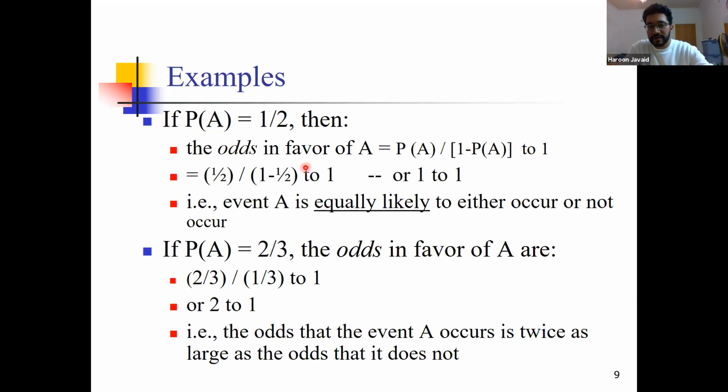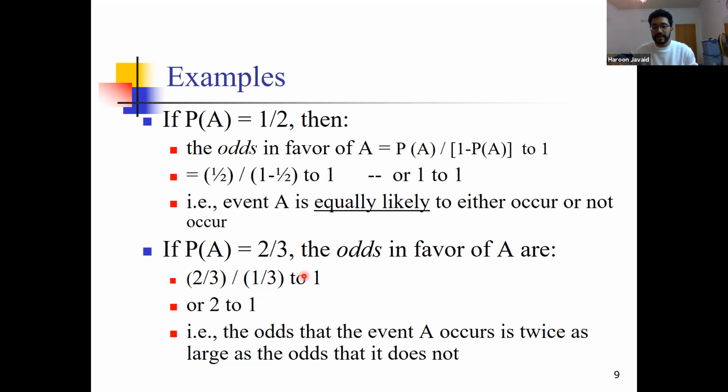And this is going to be the odds of this happening relative to 1, okay? Since 1 to 1 is equal, this event A is equally likely to occur. Over here, they give you another example where 2 over 3 is the probability, and then you go 1 minus 2 over 3, which is 1 over 3.